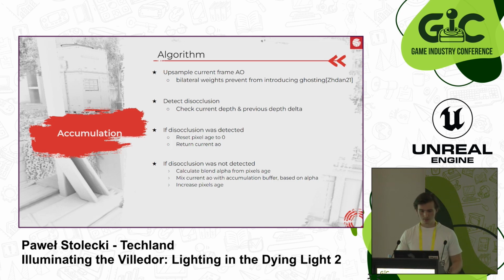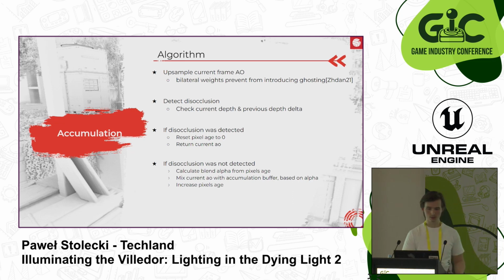I will now sum up the second pass called temporal accumulation. Firstly, we need to upsample the AO from half resolution using bilateral weights. They are needed to eliminate the ghosting caused by linear filtering between the pixels. Then we check whether the disocclusion has happened. If it did, we reset the pixel's age to 0 and return the AO without any accumulation.